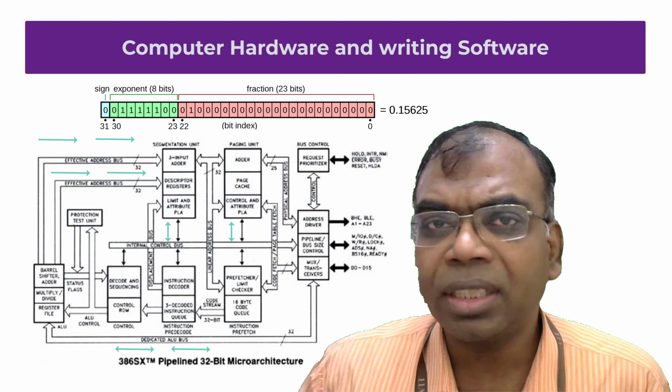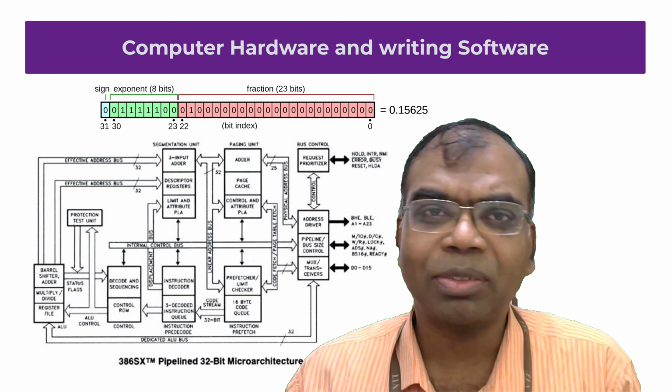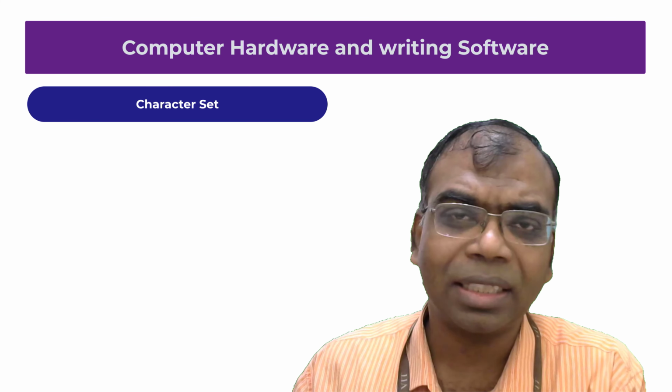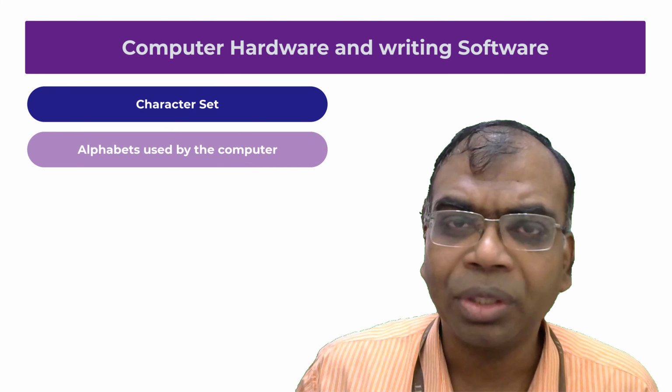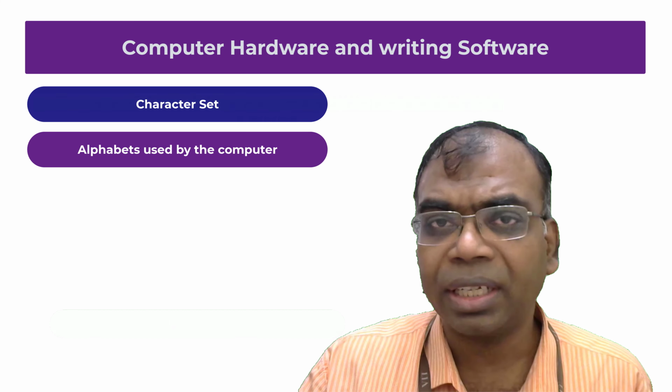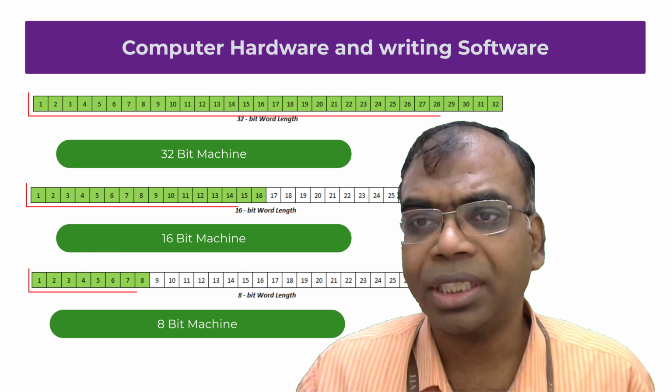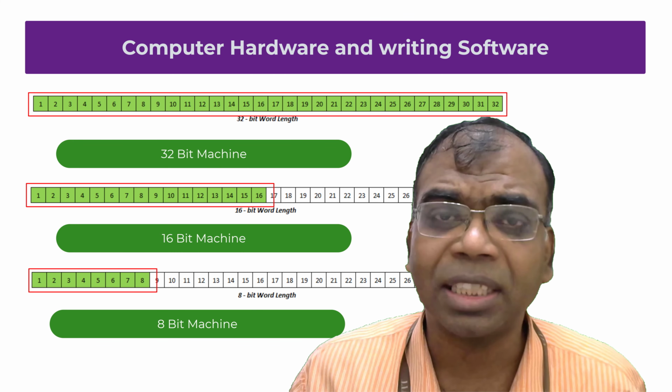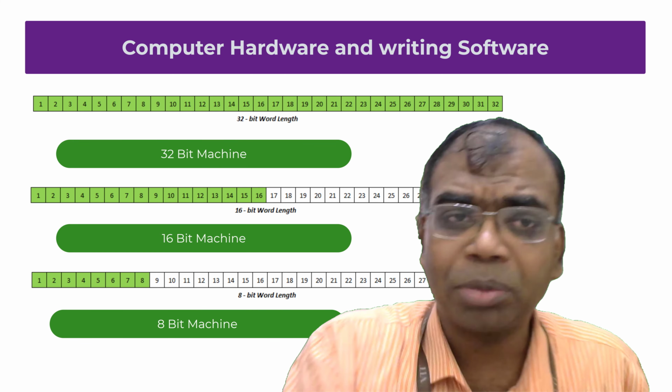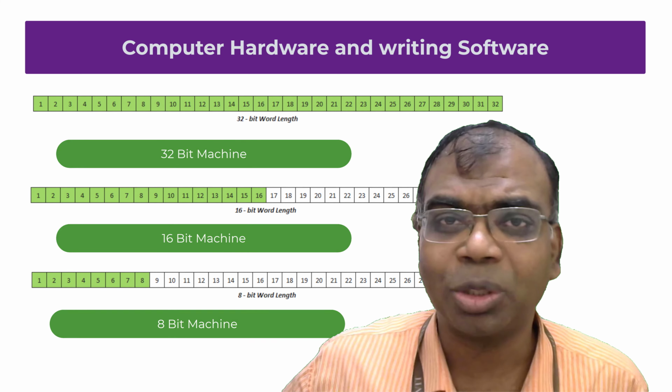So this word length and character set will be seen in a subsequent video. For now, you can imagine that a 32-bit machine has much more capacity than a 16-bit machine, and much more than an 8-bit machine, and so on and so forth.